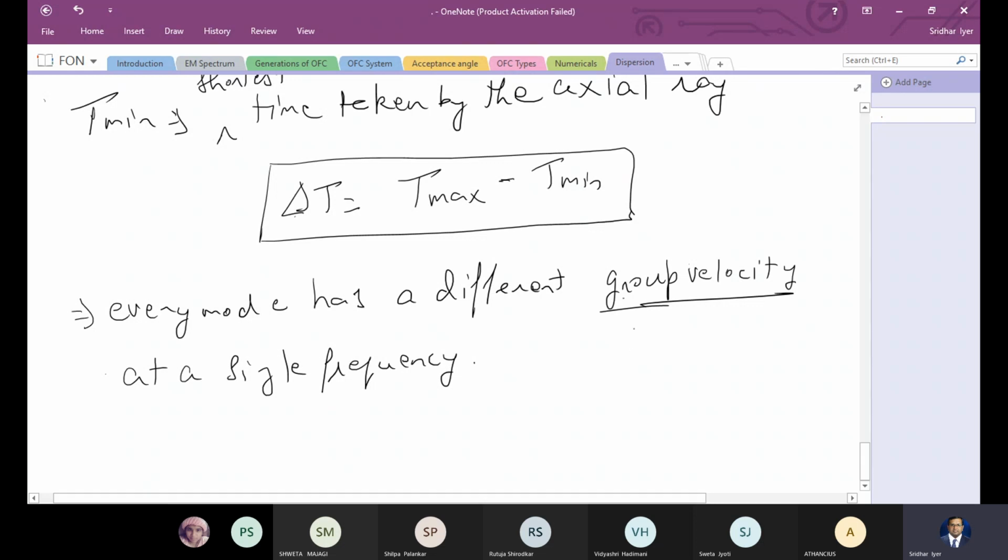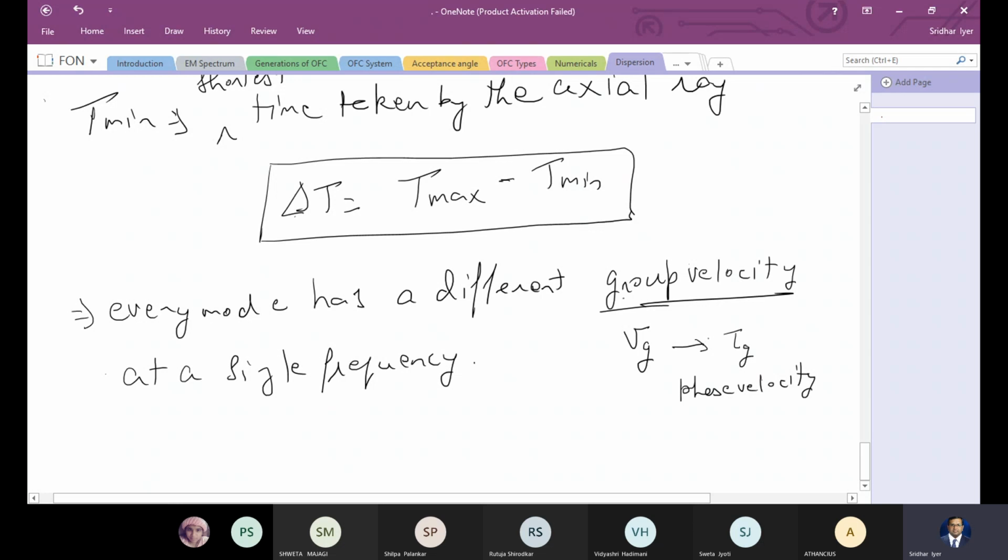It is denoted as Vg, and it is related to another parameter which is known as tau g, which is the time that the group velocity takes. It is also related to what is known as the phase velocity, which we'll discuss when we talk about the material dispersion and the waveguide dispersion.